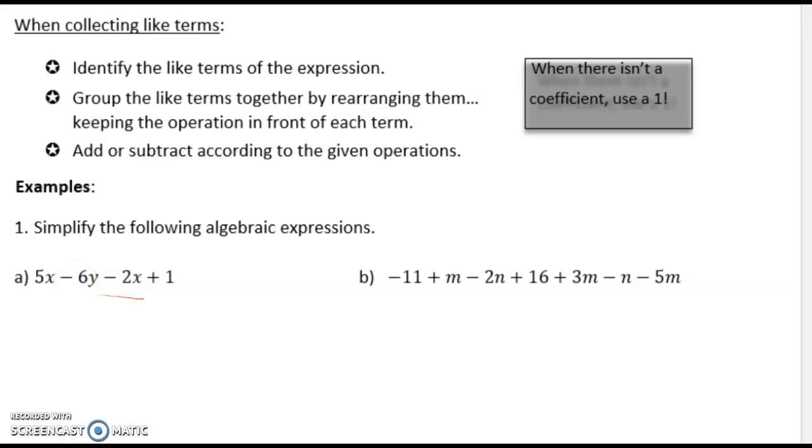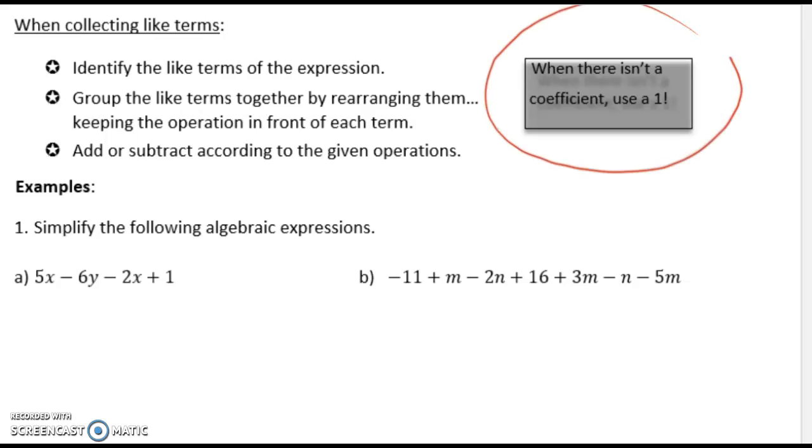This one is negative 2x. This one is a positive 1. This is a negative 11. This is a positive 1. Negative 2, positive 16, positive 3, negative 1, negative 5. And then last, it says add or subtract according to the given operations.